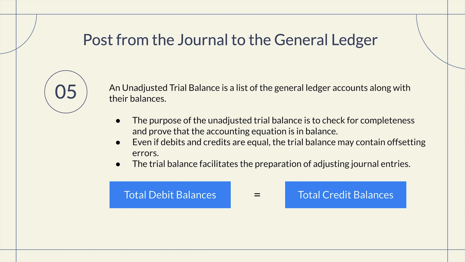The purpose of the trial balance is to allow us to check the completeness and to verify that the sum of the accounts with debit balances equals the sum of the accounts with credit balances. The fact that the debits and credits are equal, though, does not necessarily ensure that all balances are correct. The trial balance could contain offsetting errors. As we'll see later in the chapter, this trial balance will help us prepare to adjust journal entries.